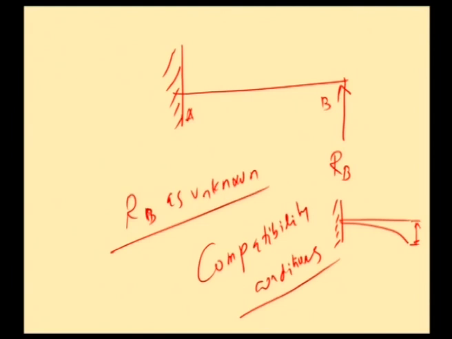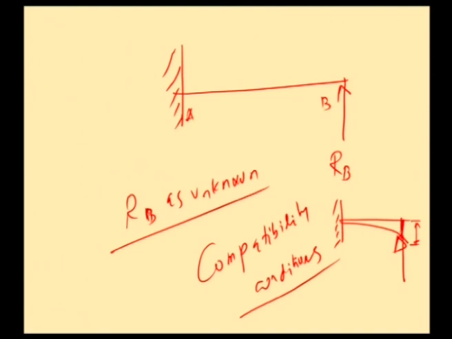If you have a point load, it is W L cube by 3 E I. If you have a uniformly distributed load, it is W L power 4 by 8 E I. And if we provide a support here, ultimately it should not allow for this deflection. So, using that compatibility condition, we will arrive at the value of R B.